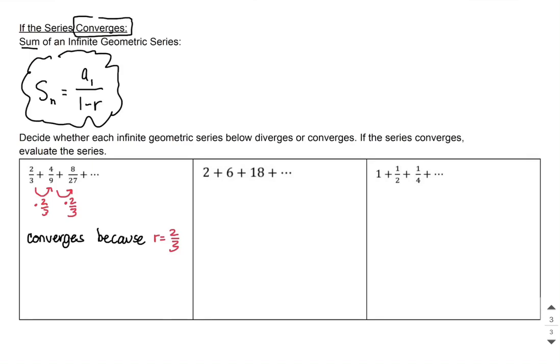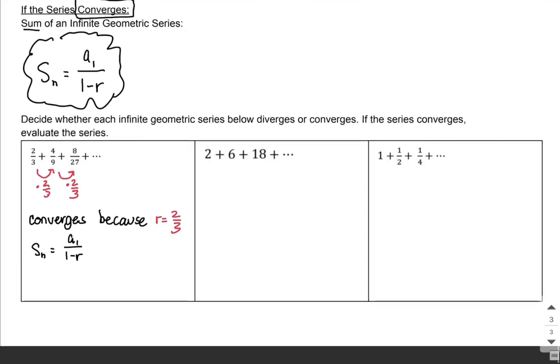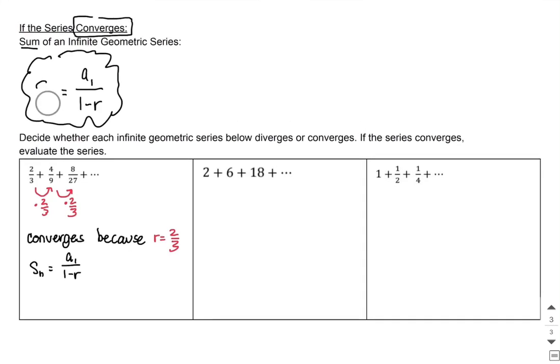Then I can use this formula. Sorry, you don't write S sub n, you just write the sum, because it's not S sub n anymore. We don't have an n.